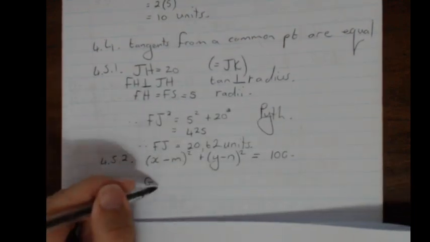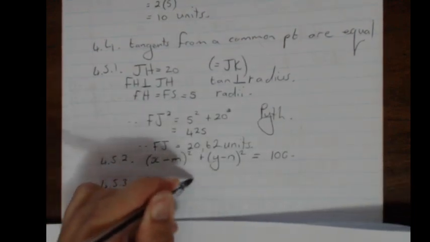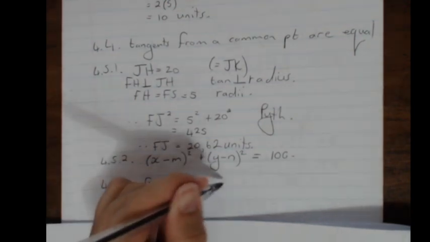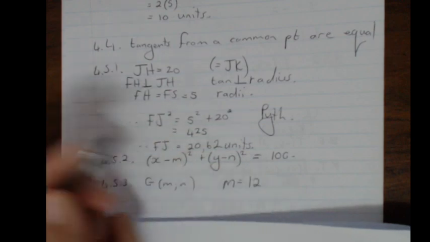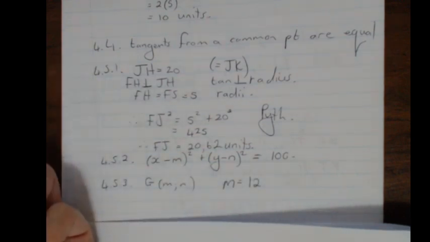So for G, M, N, I can immediately say that the M is equal to 12. Now I need to find the N, right?